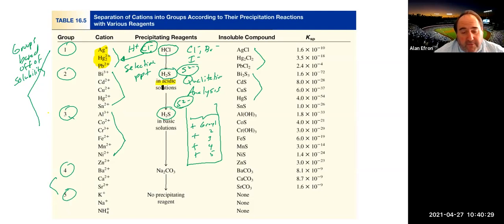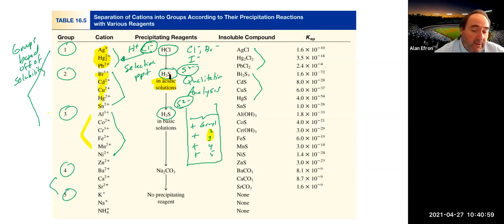In group 2, we use that hydrogen sulfide gas under very acidic conditions, like a pH of 0.5. If we had group 2 and 3 in a test tube together, because we made it so acidic, it will only allow group 2 ions to precipitate out. These group 3 ions would stay in the solution.